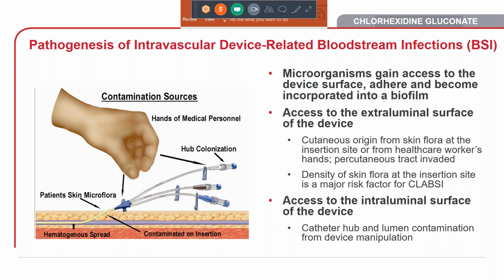And here the percutaneous tract is invaded. Intraluminal surface access to the device occurs through manipulation of the device by needleless connectors that are placed on the hubs of catheters, and then the lumen of the catheter becomes contaminated.